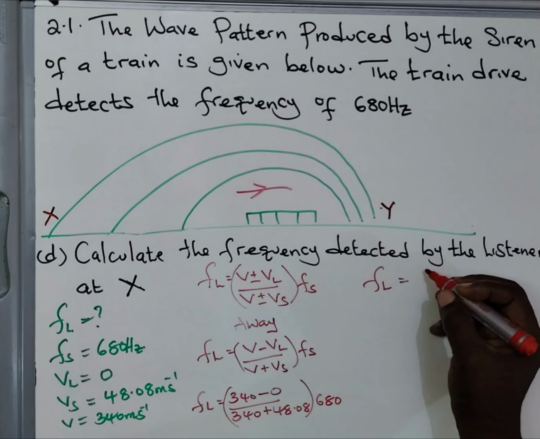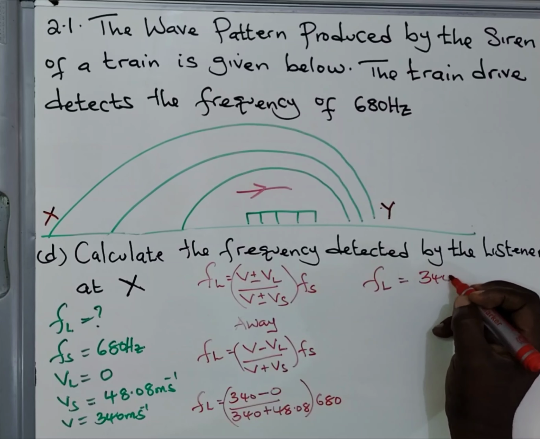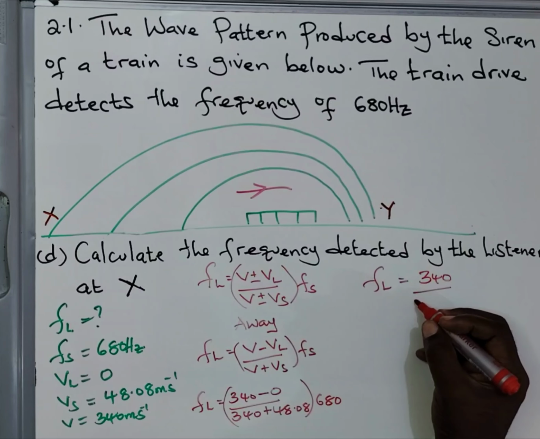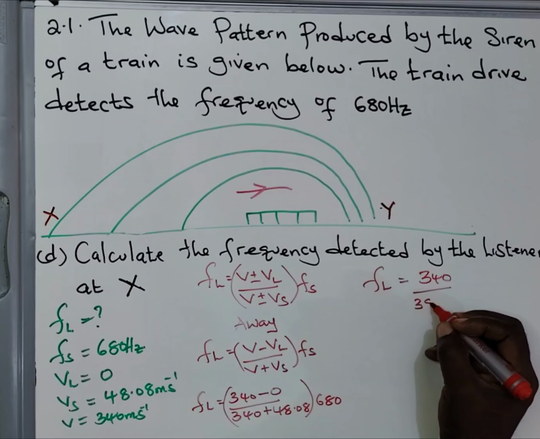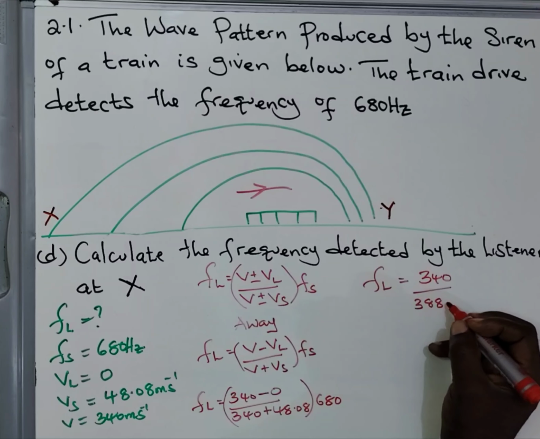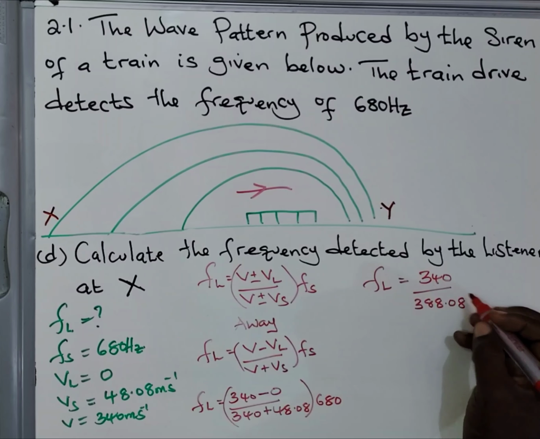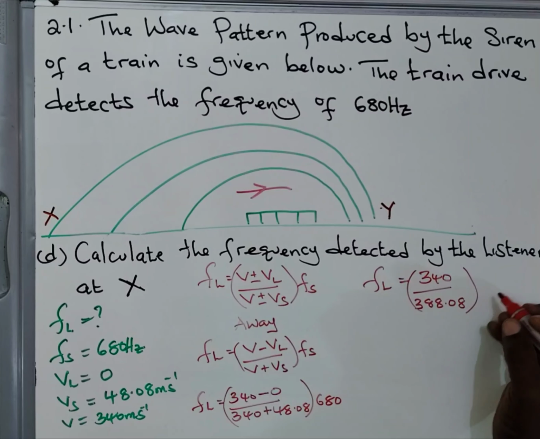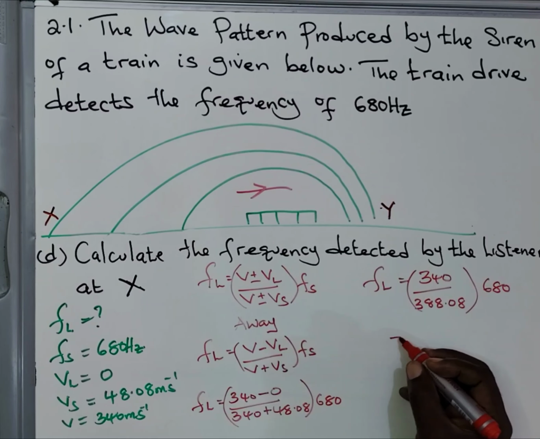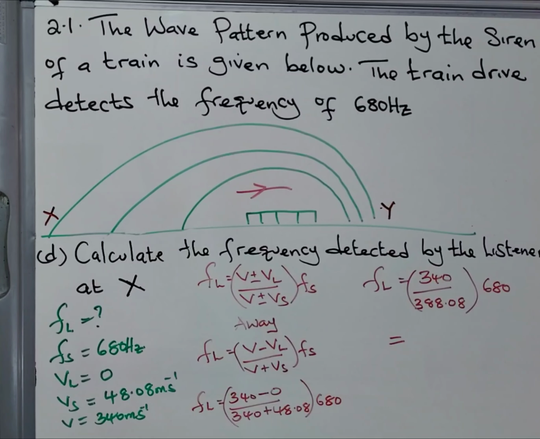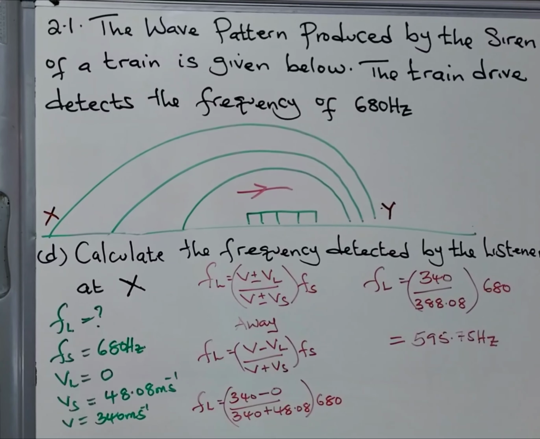In simplifying, we are going to have 340 over 388.08, this one into 680, giving you 595.75 Hz.